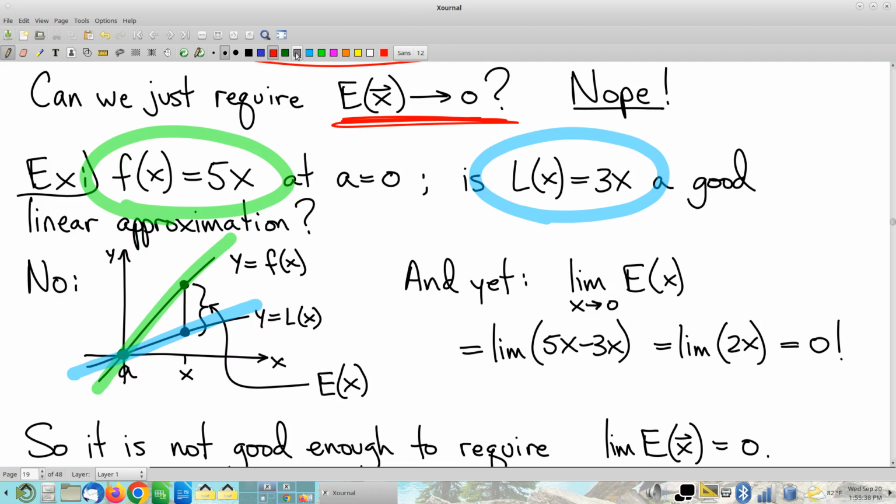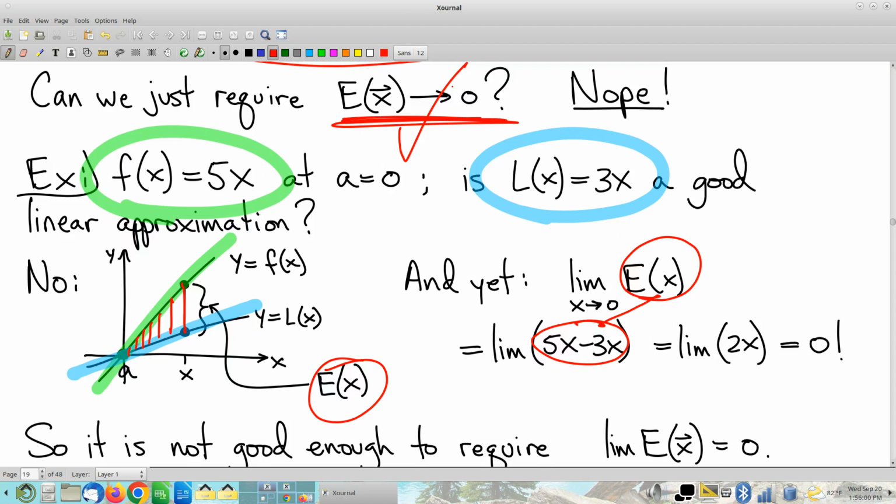Yeah, true, but the error, the difference between the right value and the approximated value, does go to 0. Right? So here's the problem.